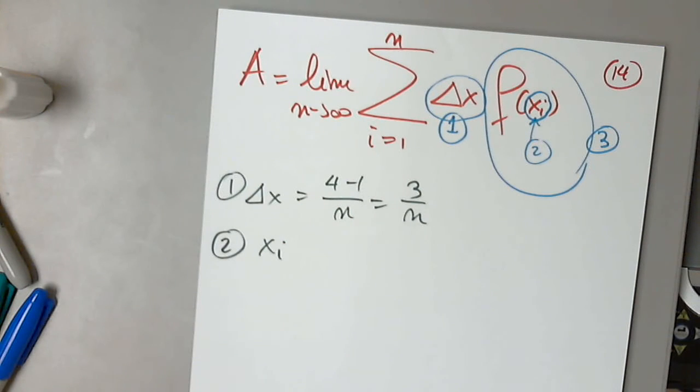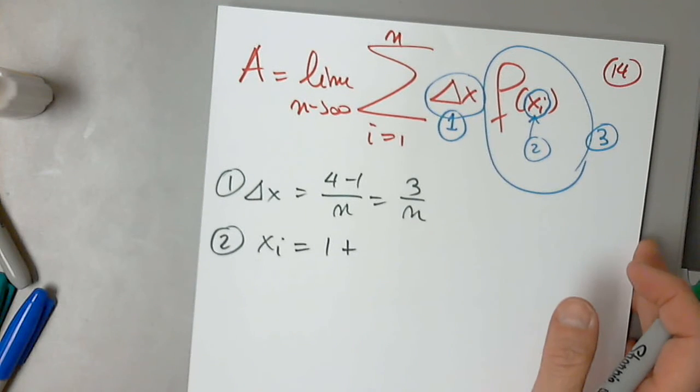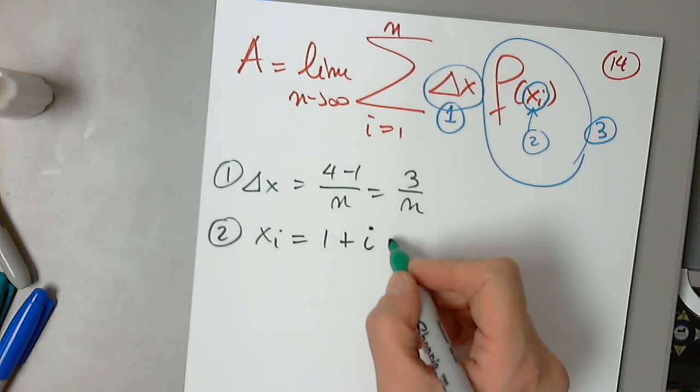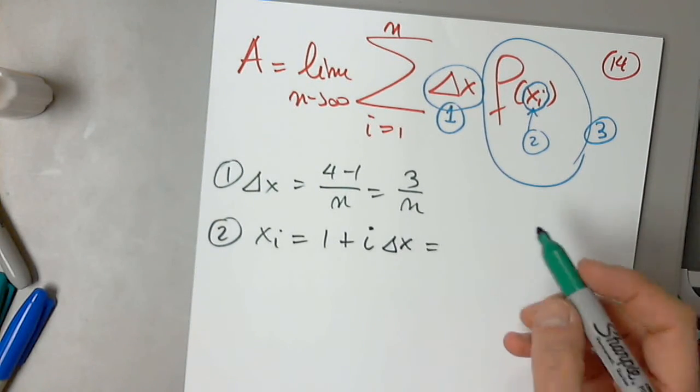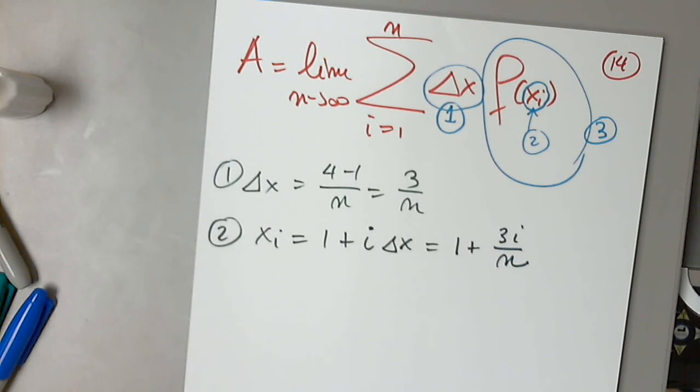So then what will xi equal to? In this case, we start at 1. So it's 1 plus how many delta x's? I delta x, which is 1 plus 3i over n. Right?